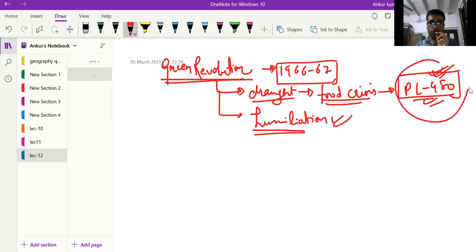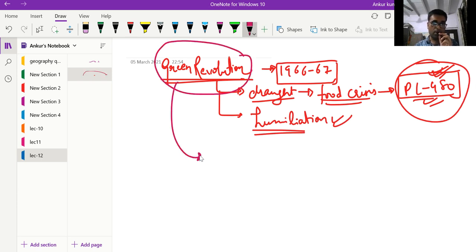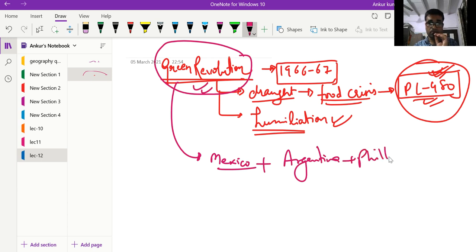Because of this, India undertook the green revolution program, and the green revolution had earlier succeeded in Mexico and Philippines. So it is not just that India was the first country to undertake the green revolution. It had earlier succeeded in Mexico, Argentina, Philippines.